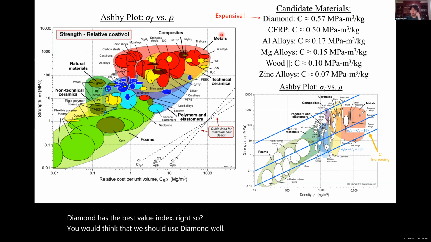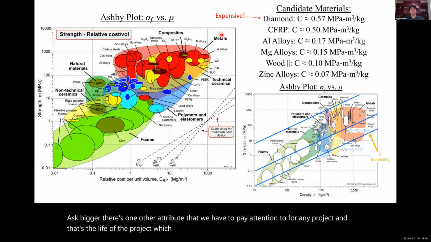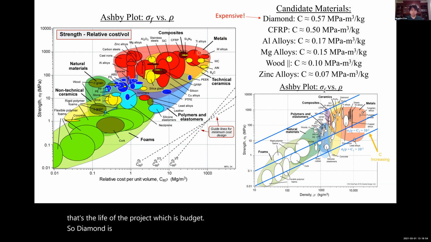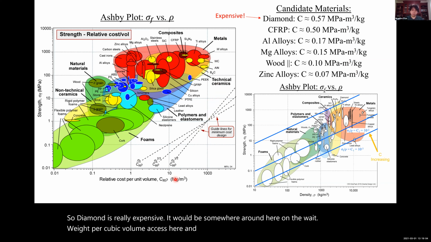there's one other aspect, or there's one other attribute that we have to pay attention to for any project, and that's the life of the project, which is budget. So Diamond is really expensive. It would be somewhere around here on the weight per cubic volume axis here, and weight in terms of grams can be converted into a monetary value easily.